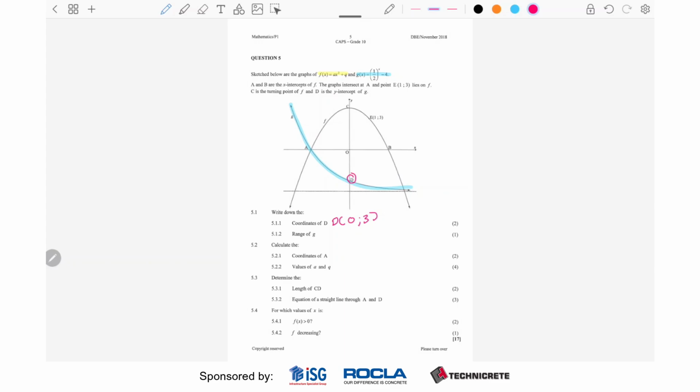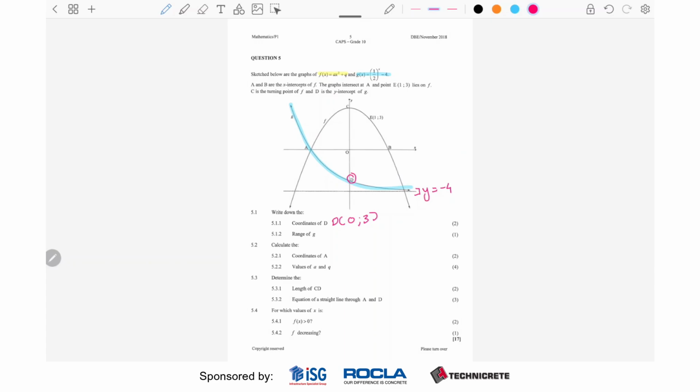Now they want us to write down the range of g. When they're asking the range, they're asking the y values. So for which values of y is g of x true? So g of x goes all the way until this asymptote here. And we know from the equation that asymptote is equal to -4.